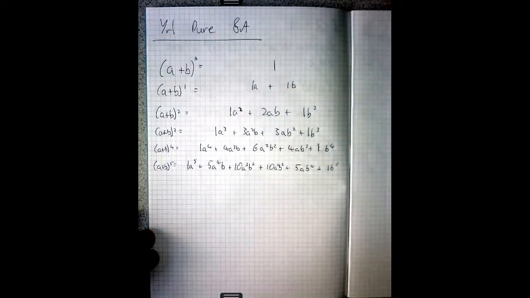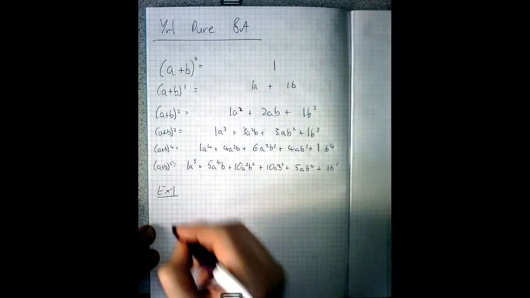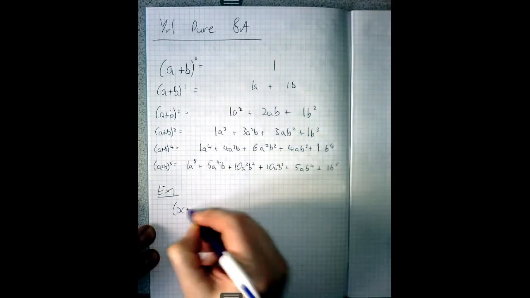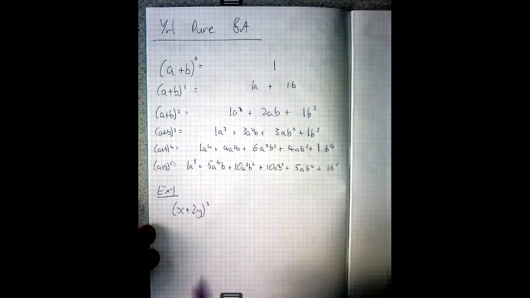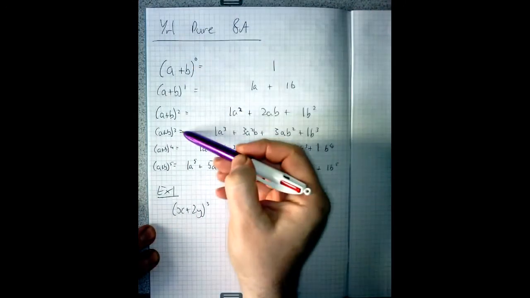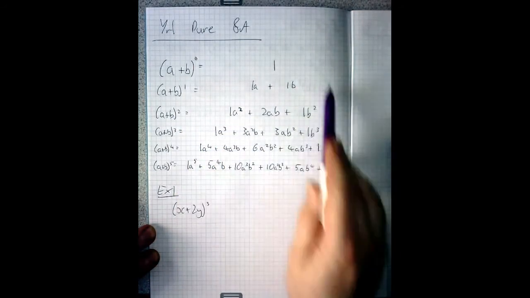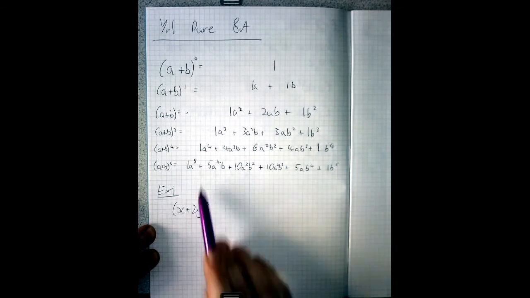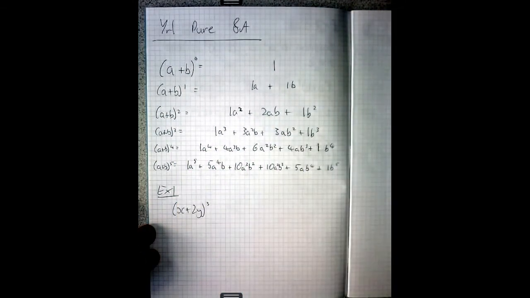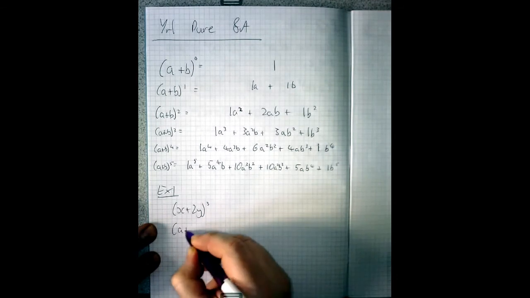Pascal's triangle is the name given to the triangle that's formed just by the numbers, forgetting about the a's and b's. So example 1 says, use Pascal's triangle to expand (x + 2y)³. Well, I recognise that it's a power of 3, which means it's the 4th row. I know, because I've done this a billion times, and also because I've worked it out, that my coefficients are going to be 1, 3, 3, 1.